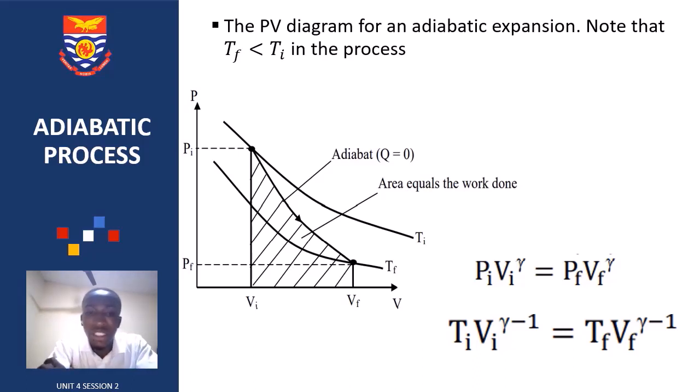From the same expression that we derived earlier, that's nRT over V, bracket close, multiplying V raised to the power gamma equals a constant.